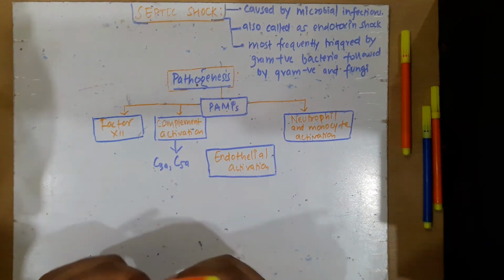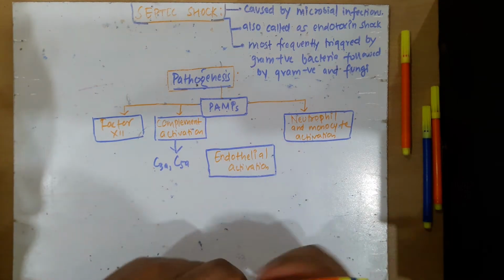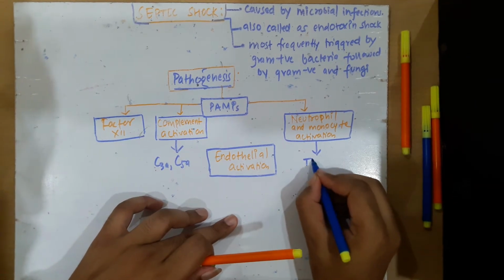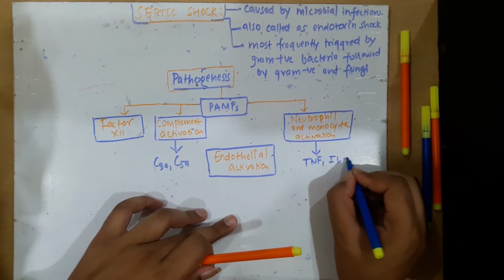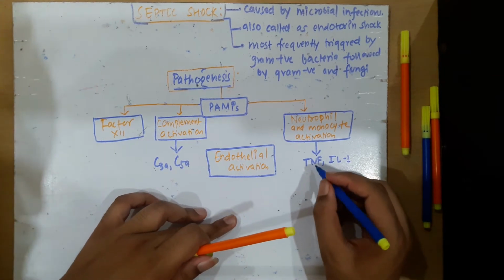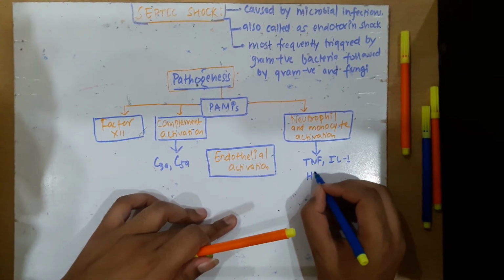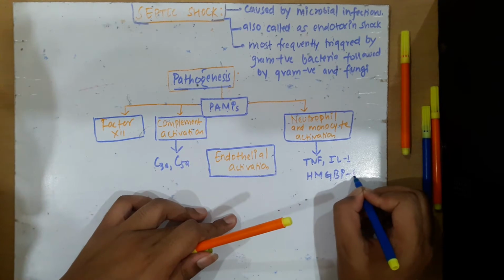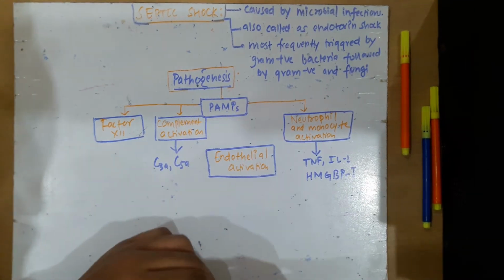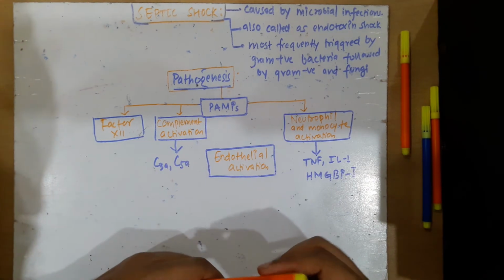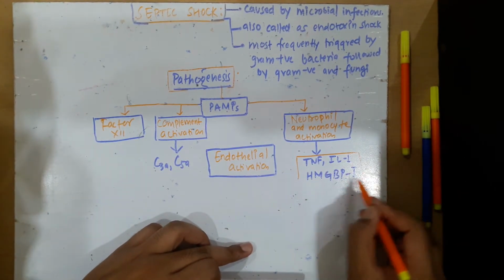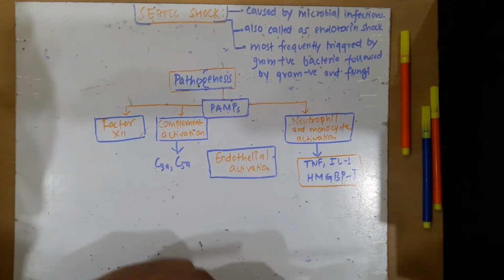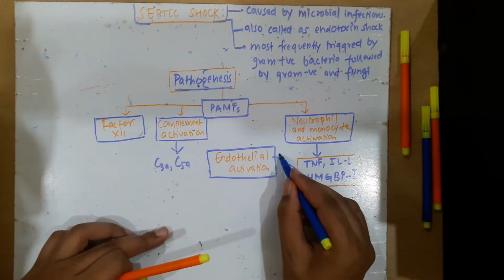Okay, so factor 12, neutrophil and complement activation will give you tumor necrosis factor, interleukin 1, high mobility group box protein 1, and all overall. So this much now. Okay, so these are causing endothelial activation.